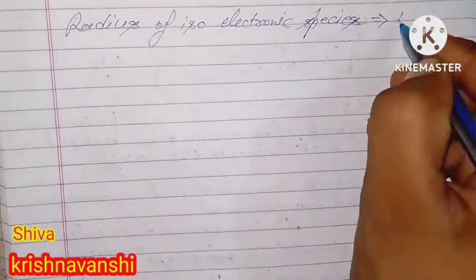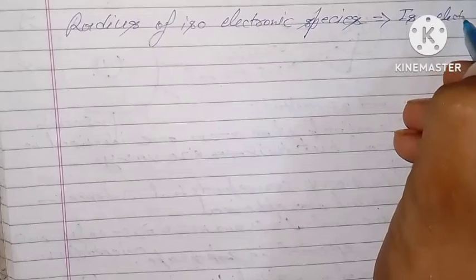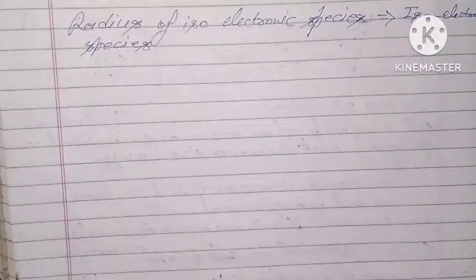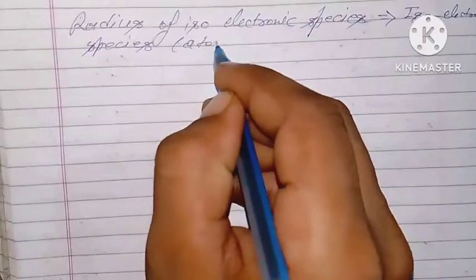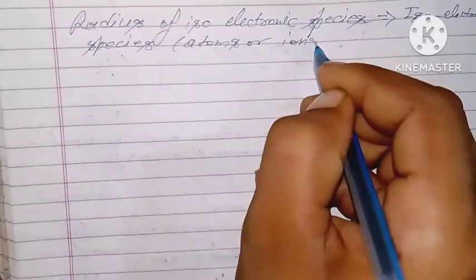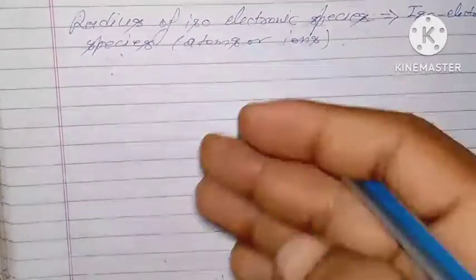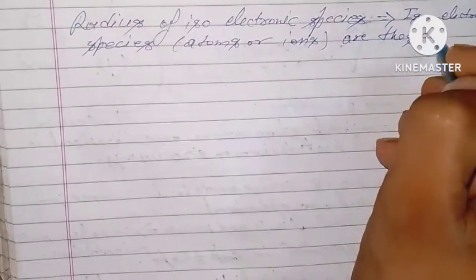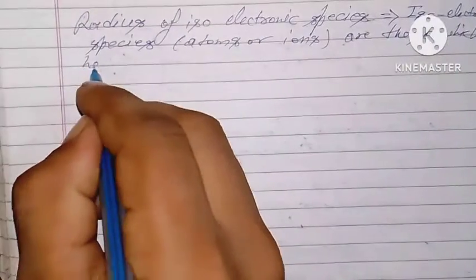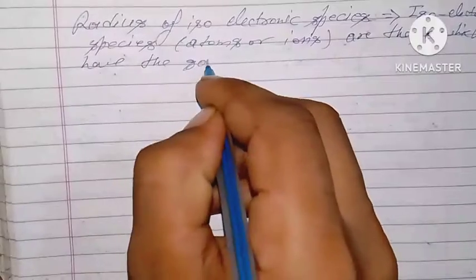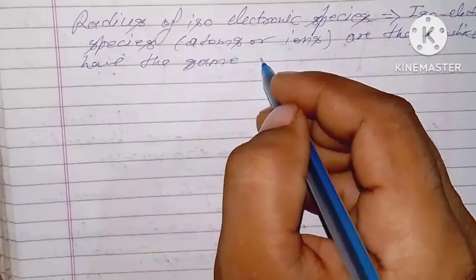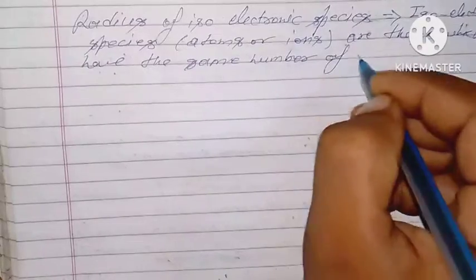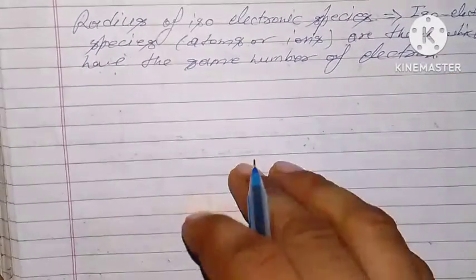Atoms or ions are isoelectronic species which have the same number of electrons.